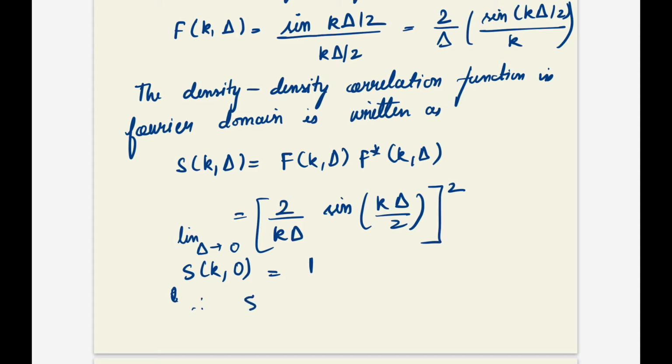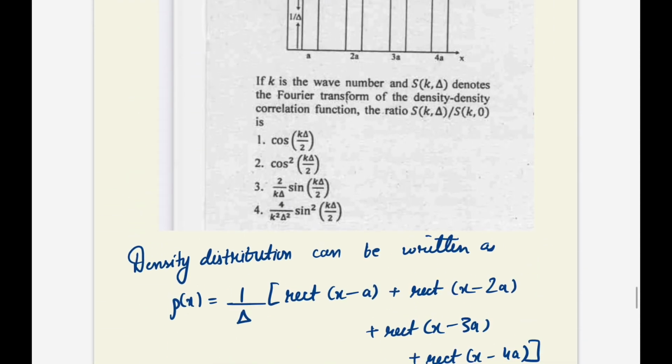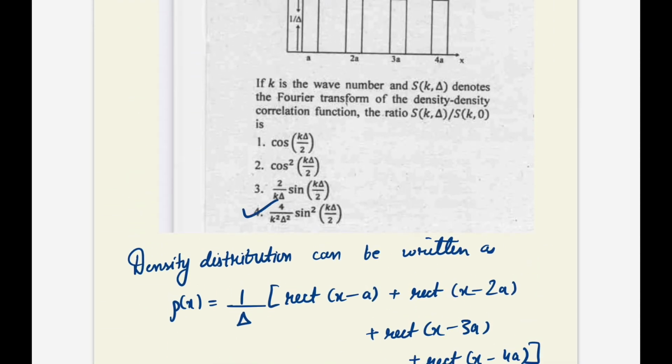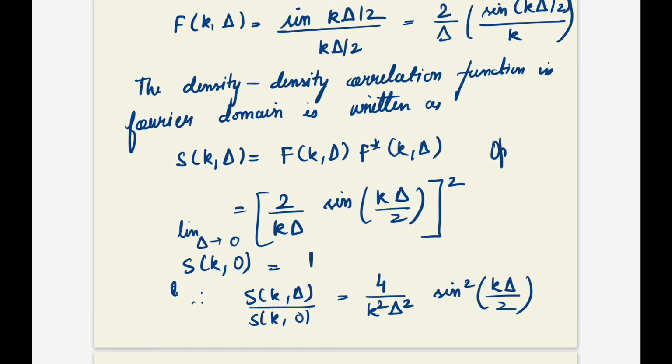Therefore S of k delta by S of k0 is 4 by k square delta square, sine square k delta by 2. So by this solution, option 4 is the correct answer.